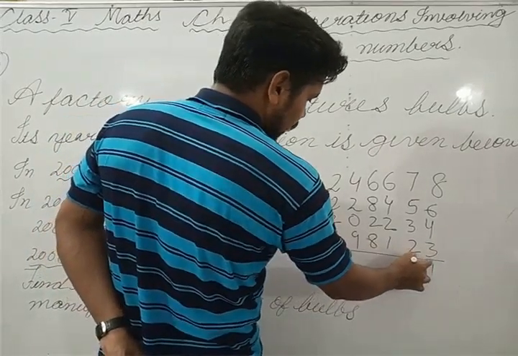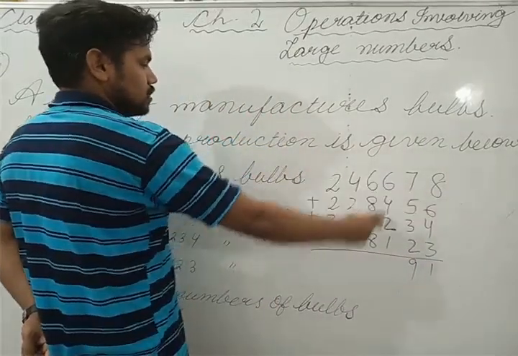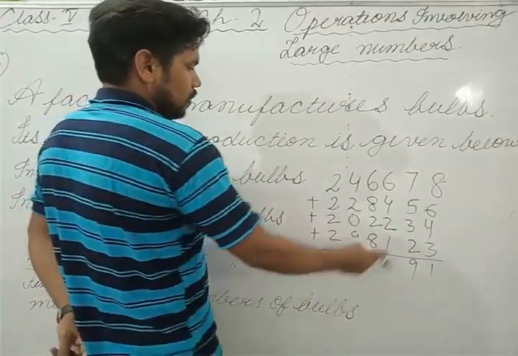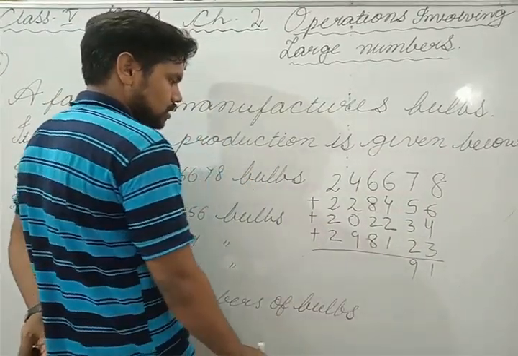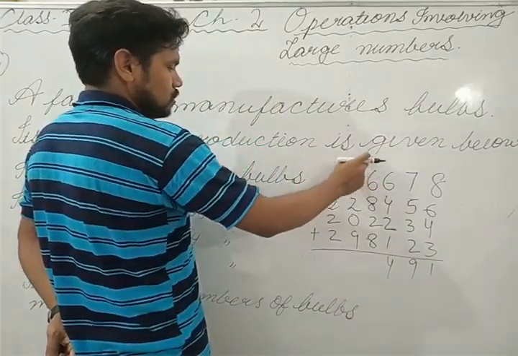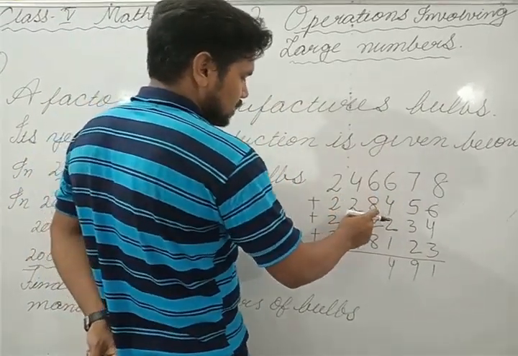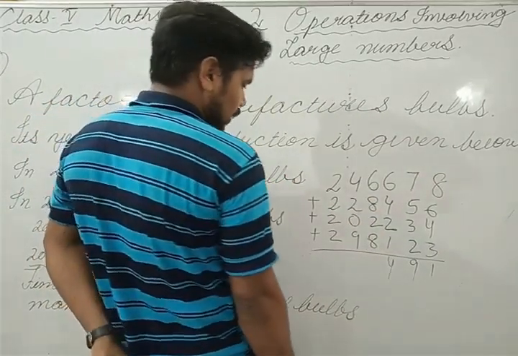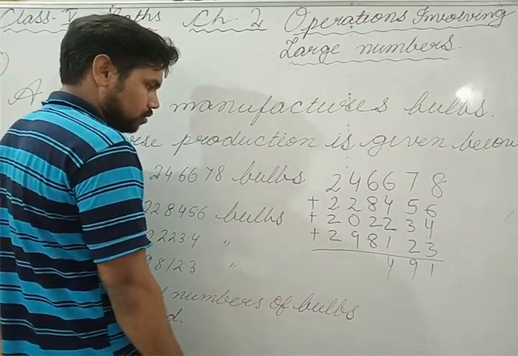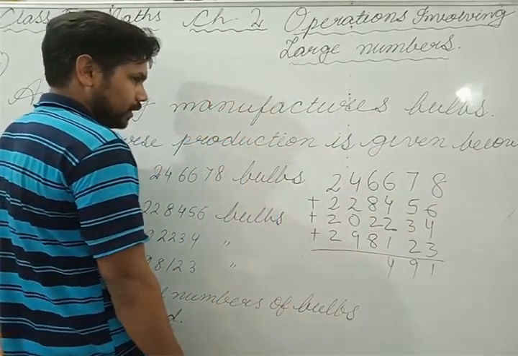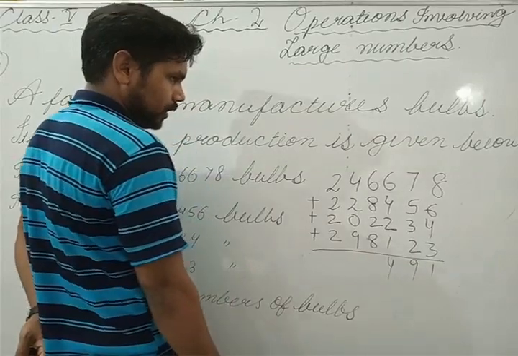So 9, 1 carry. 6 plus 1 is 7, 7 plus 4 is 11, 11 plus 2 is 13, 13 plus 1 is 14. So 4, 1 carry.